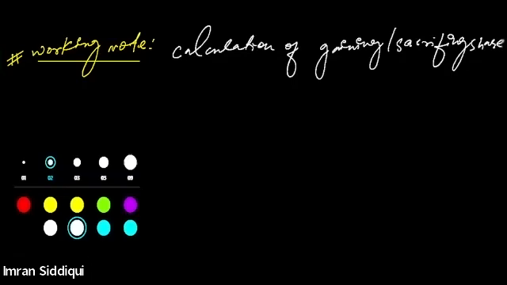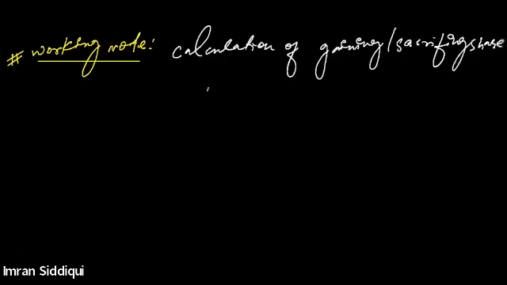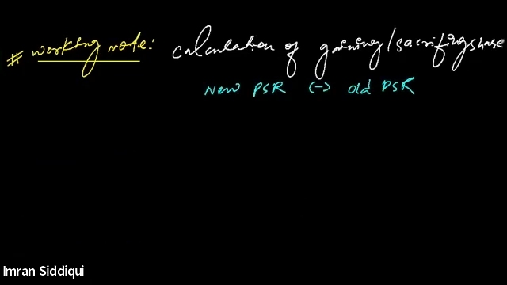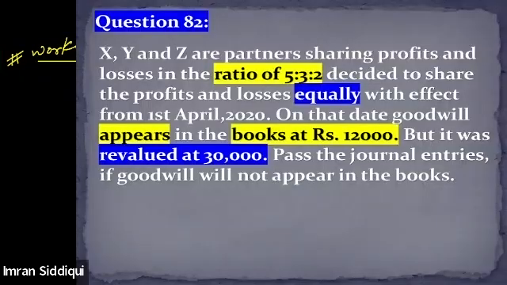And for that, we will apply this formula: new profit sharing ratio minus the old profit sharing ratio. And the names of the partners are X, Y, and Z, right? Their new profit sharing ratio is given in the question that from now onward, they will be sharing the profit and losses equally.